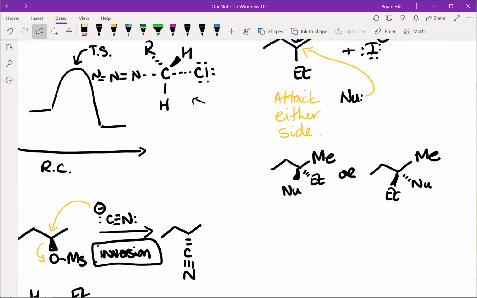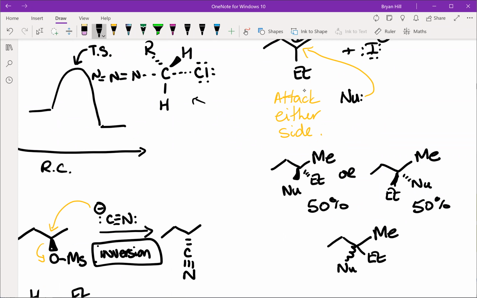And so this will be 50% this and 50% this. And so the best way to draw this, because that's a lot of drawing, is to just draw a squiggly line for the nucleophile.